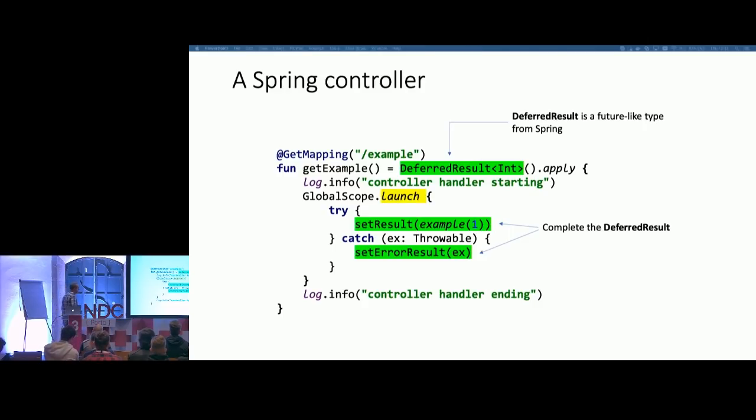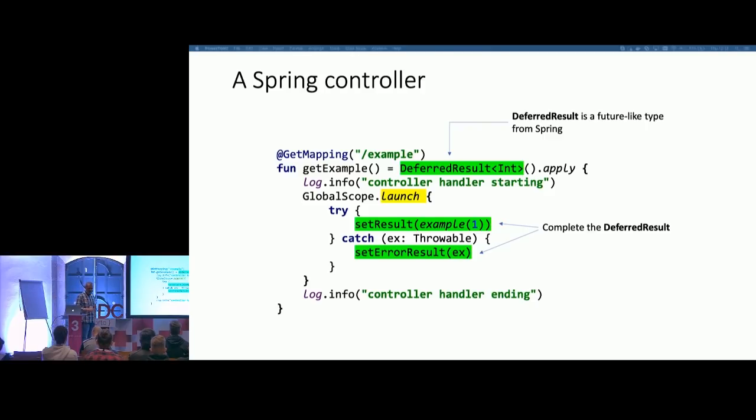What I'm doing is that getExample will return a DeferredResult. What is a DeferredResult? It's a future-like object from the Spring framework. Inside, I will do launch. When the example returns, I will set the result of the DeferredResult, or I will set the error result. So I will complete the DeferredResult there.